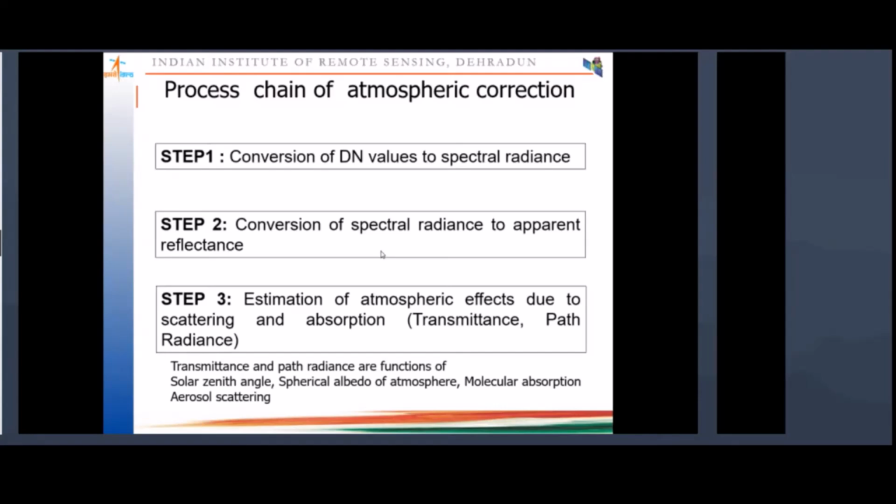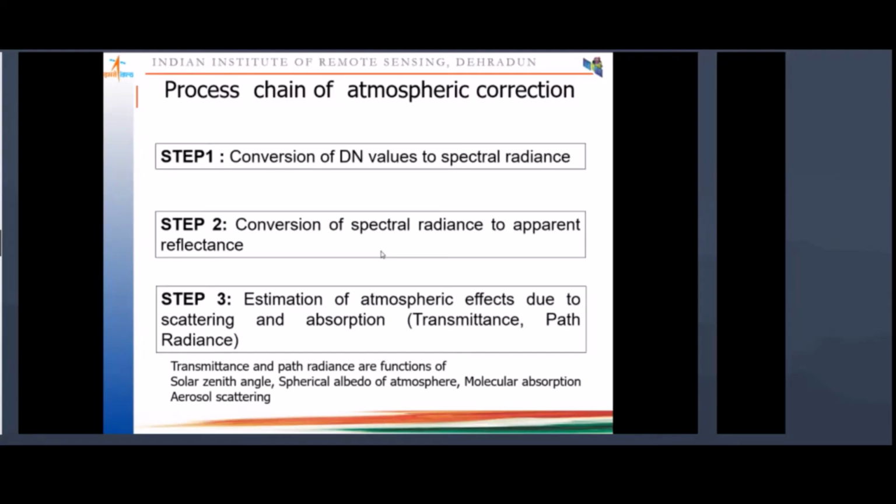So this TOA reflectance, or we call it apparent reflectance, will not give the precise information of target reflectance. The target reflectance will be different from this apparent reflectance. So what we need to do, in this step number 3, is correct for the atmosphere. We try to estimate the atmospheric effects due to the two major types of interactions, that is absorption and scattering.